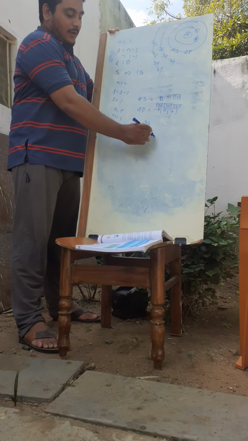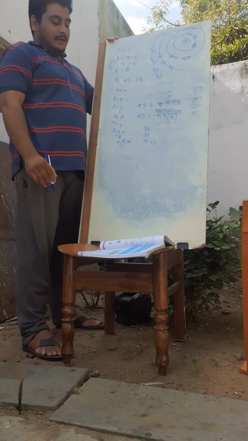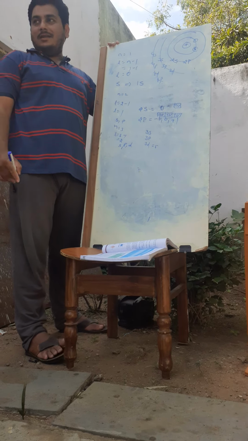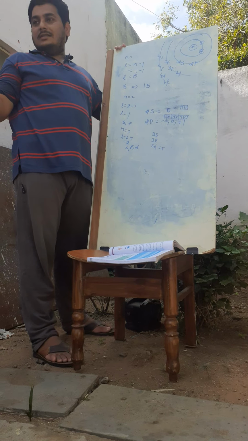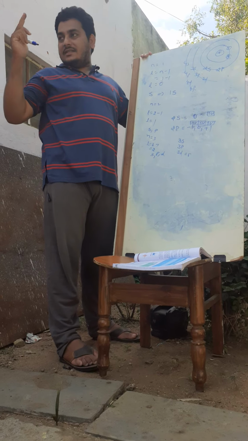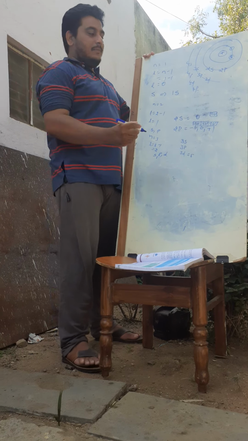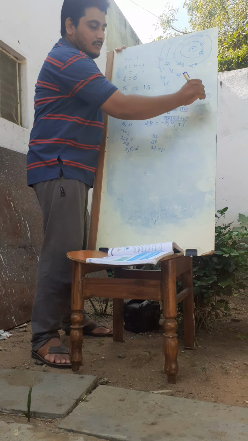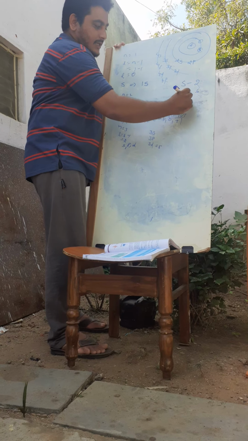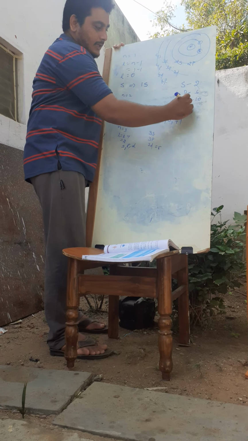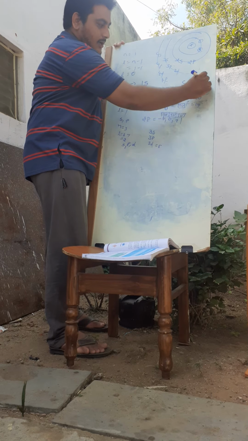D will consist of 5 boxes, so how many electrons? 10. F will consist of 7 boxes, so how many? 14. So the s orbital consists of 2 electrons, the p orbital will consist of 6 electrons, the d orbital 10, and the f orbital 14 electrons.